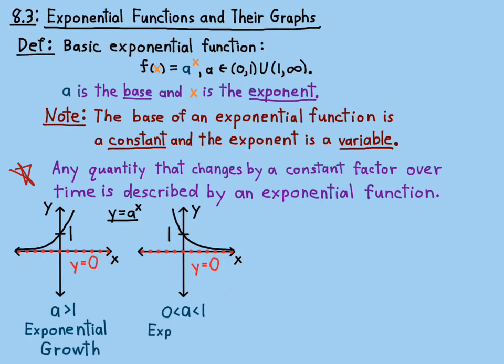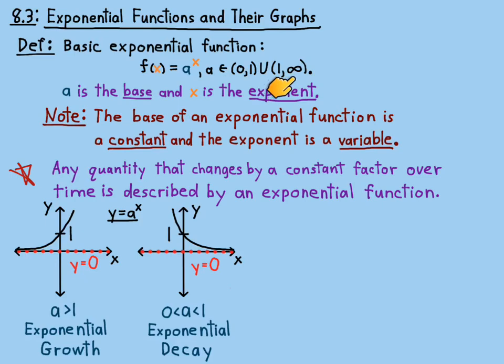And this is what it looks like if a is between 0 and 1. That's called exponential decay. I like looking at these things where the base could be the two different types. I like looking at them this way because it makes it really obvious that there's two types. This type is exponential decay if a is in here.